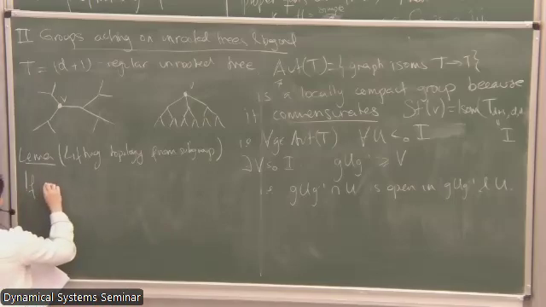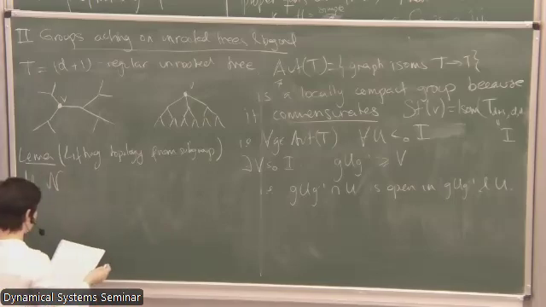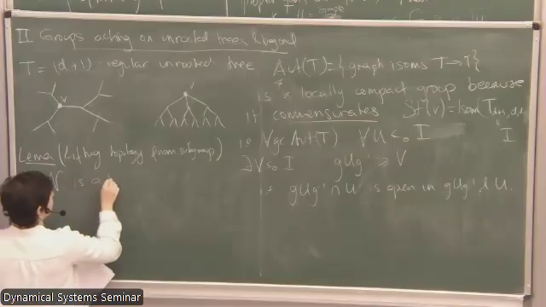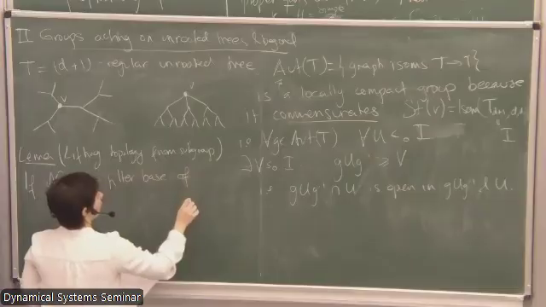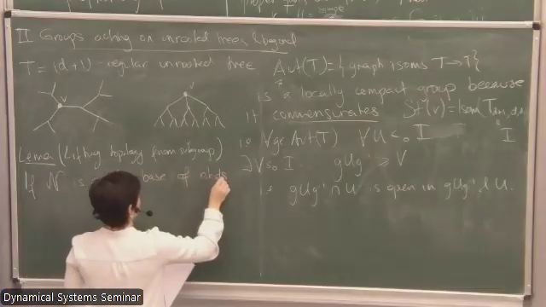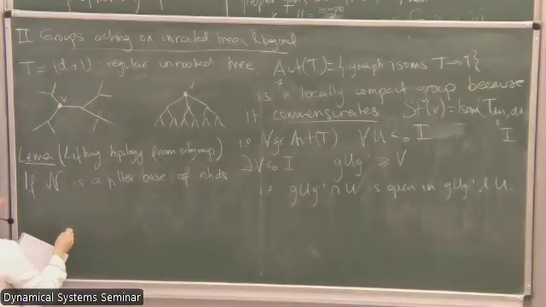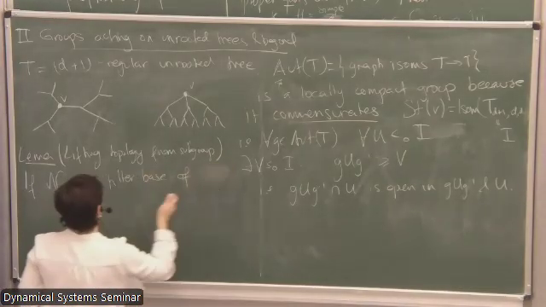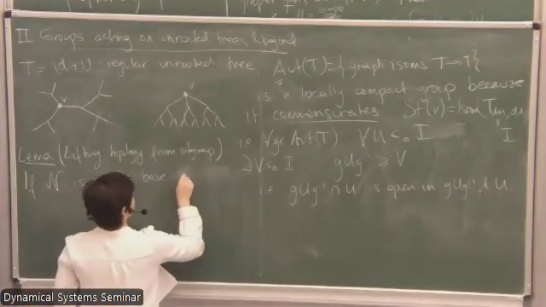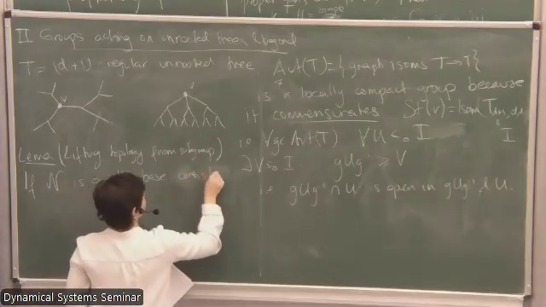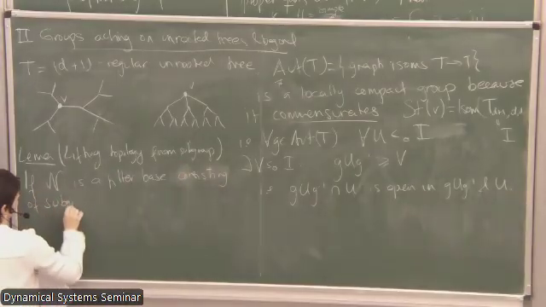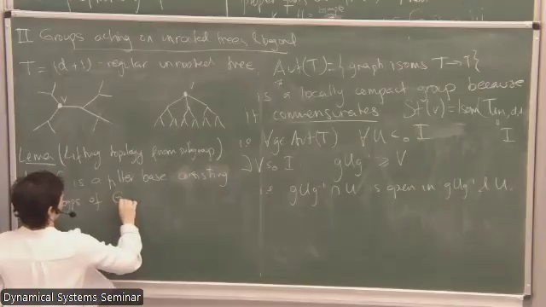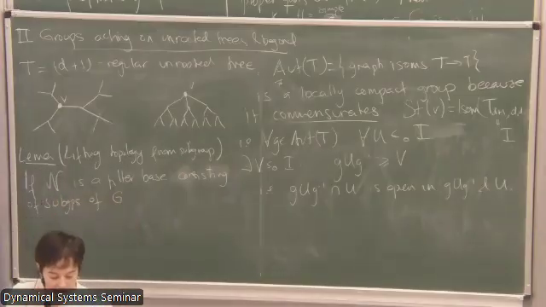And it says if curly N is a filter base consisting of subgroups of G. So what does this mean?